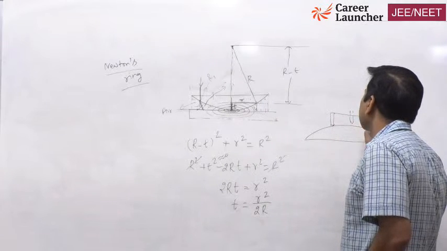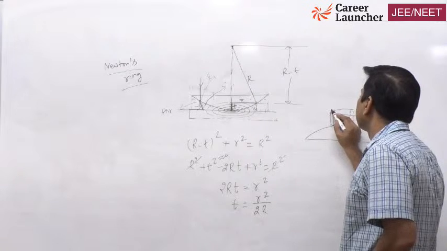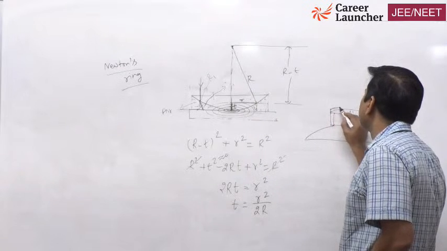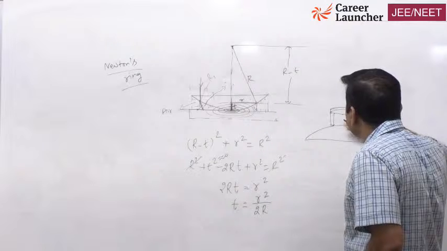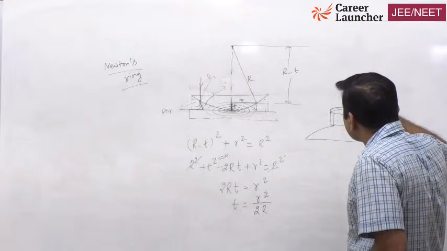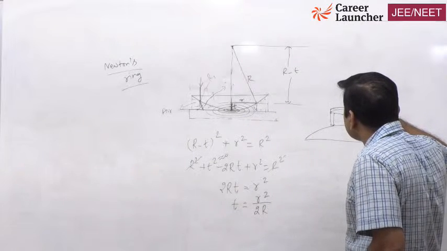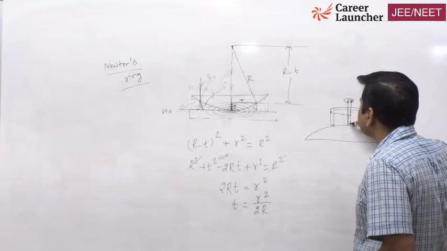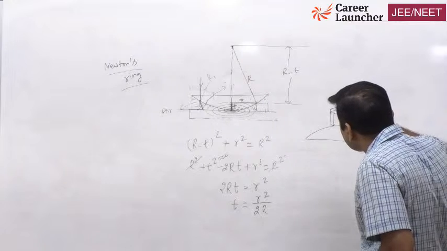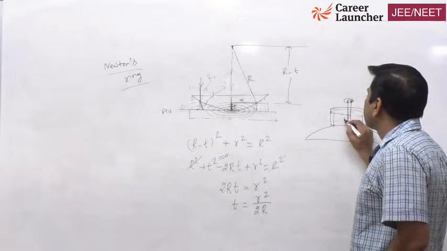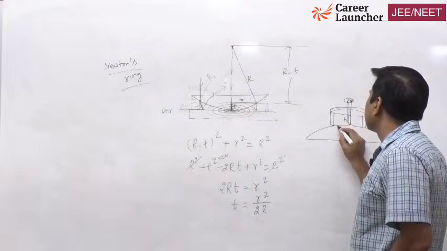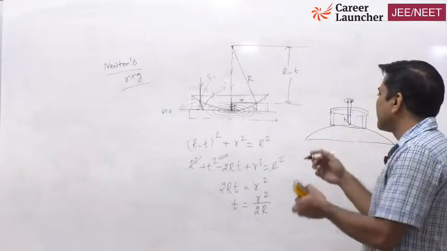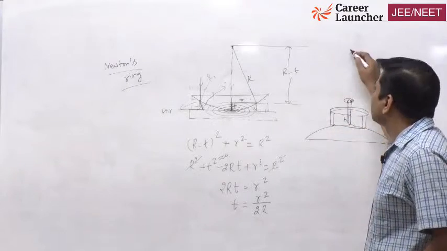This is the spherometer, and this is the screw which is measuring the height. I should have drawn an arrow over here. This is H. These three legs make an equilateral triangle, something like this.